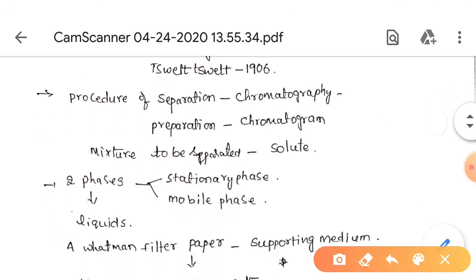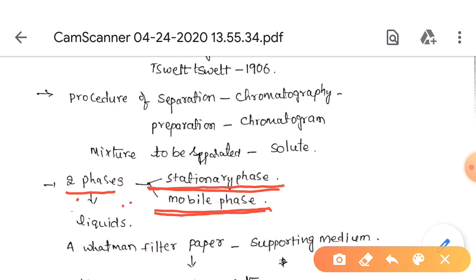In paper chromatography, two phases are present: one is the stationary phase and the other is the mobile phase. Both the stationary and mobile phases are liquids.